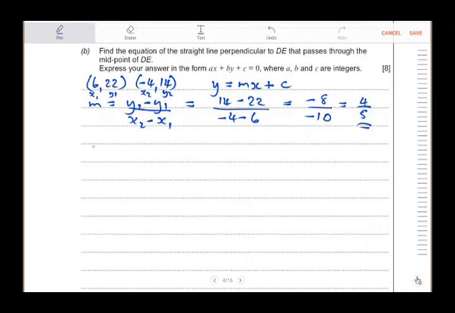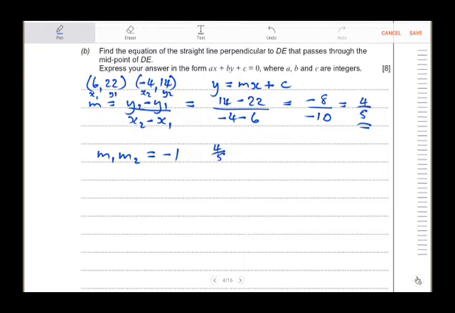Okay, so the rule we're going to use is this: m1 multiplied by m2 equals -1. The product of the gradients of a straight line and any perpendicular straight line to it always equals -1. So if we multiply the two gradients together, you should always get -1. We're going to use 4/5 as m1.